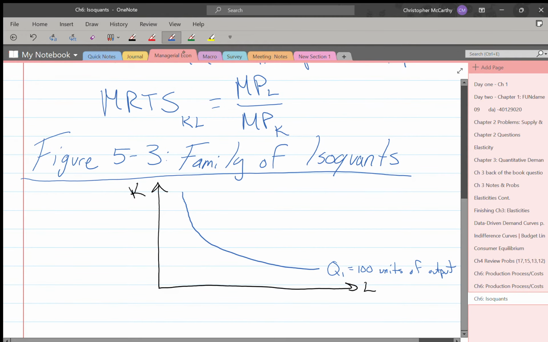This is all my capital input, and this is all my labor input.